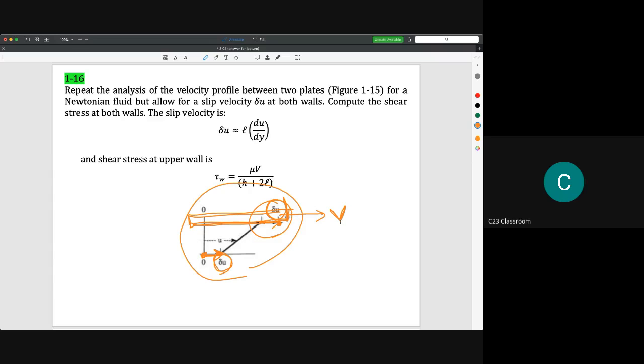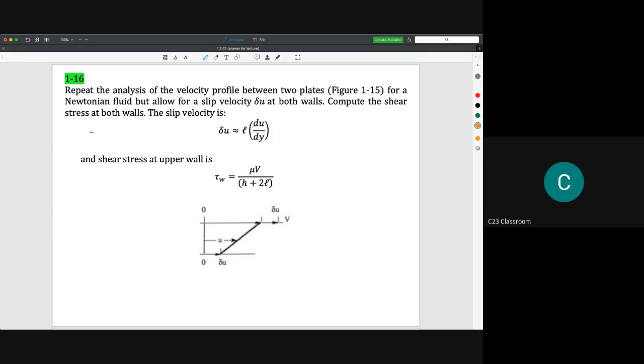It doesn't mean that we add delta u at the bottom here, going from 0 to delta u, because the molecule would then move faster than the moving plate. The reality is that the velocity actually becomes slower by delta u. The idea is simple. This is actually the usage of relative velocity.